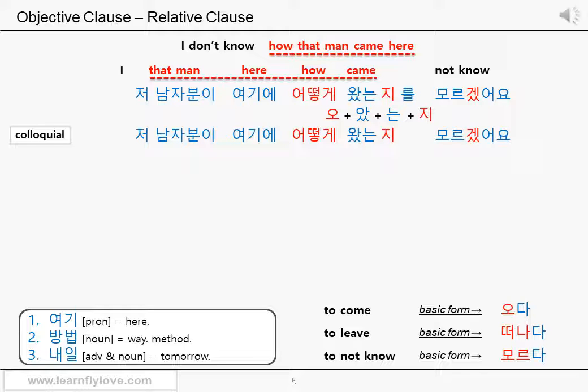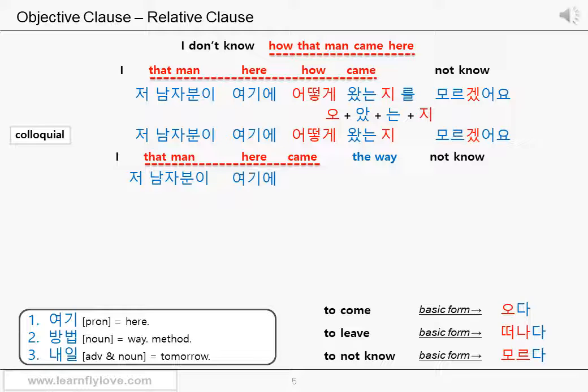You know, you can use a representative noun to make this sentence like, I don't know the way that man came here. If you rearrange the words, it would go like, that man here came. The way, not know. In this case, the clause, that man here came part gets to modify the representative noun, the way. That man, 저 남자분이, here, 여기에, came. What did we add to turn a verb into a modifier in the past tense?